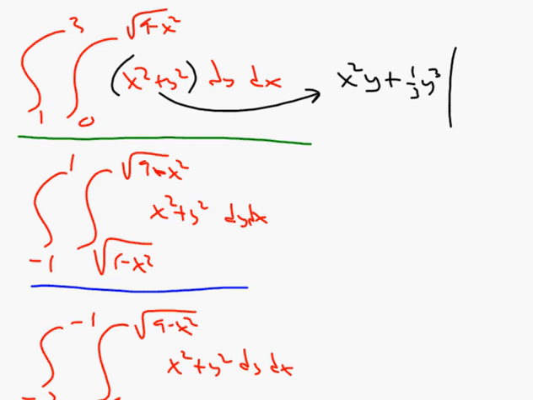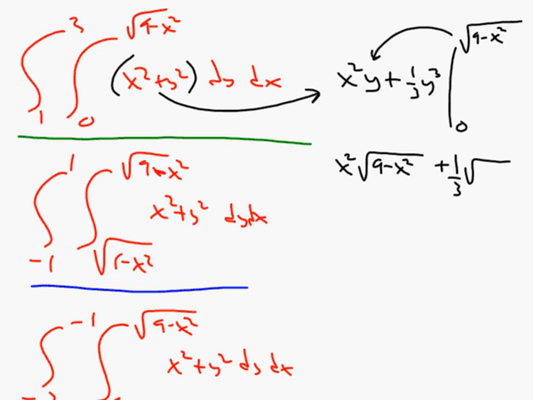And that's going to get evaluated from 0 to the square root of 9 minus x squared. Okay. So watch what happens. When we plug in that upper expression for y, we get x squared times the square root of 9 minus x squared plus 1/3 the square root of 9 minus x squared, cubed.